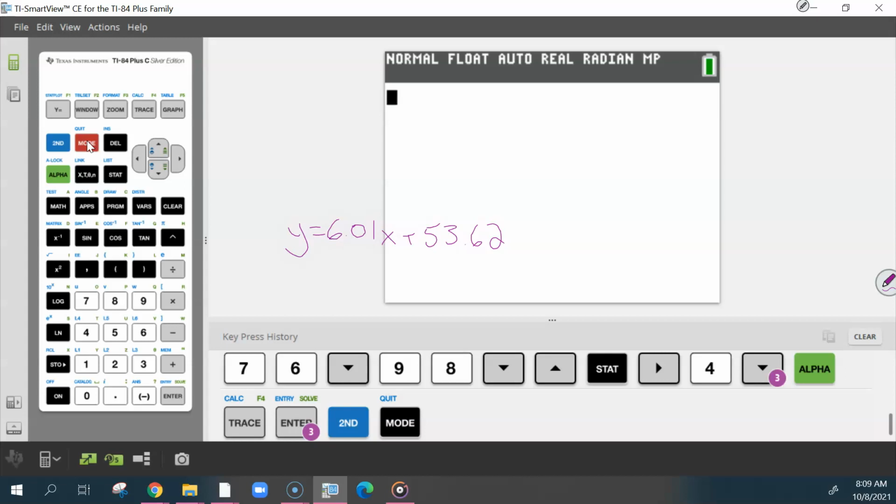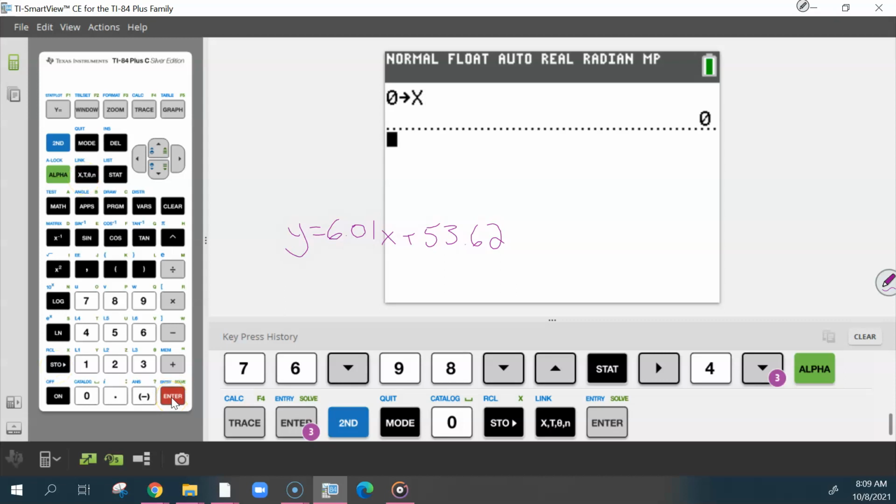I'm going to put 0, use this STO with the arrow, that's store, for x. So I put that number in for x. Now I'm going to go back and grab my equation.